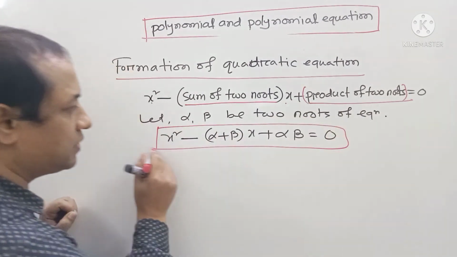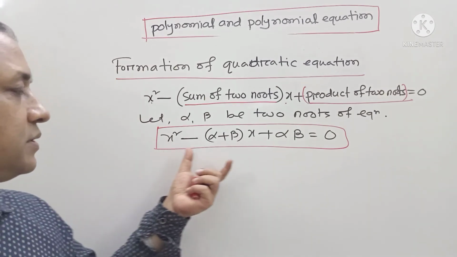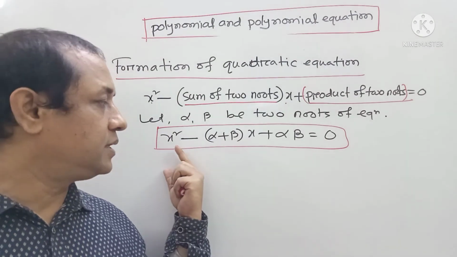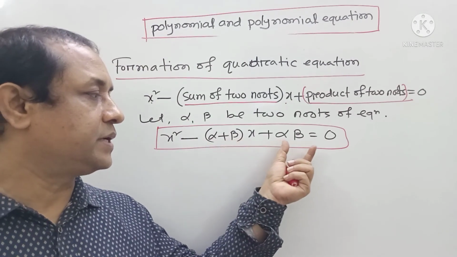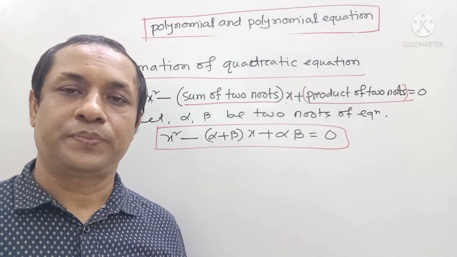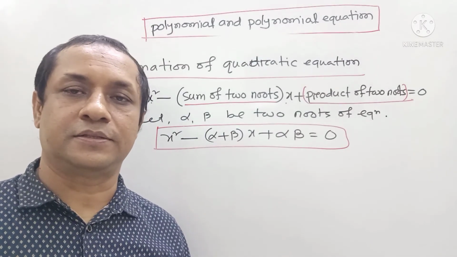This is the equation of a quadratic whose roots are alpha and beta. I hope that student you are clear.